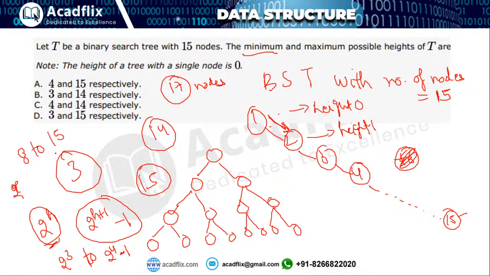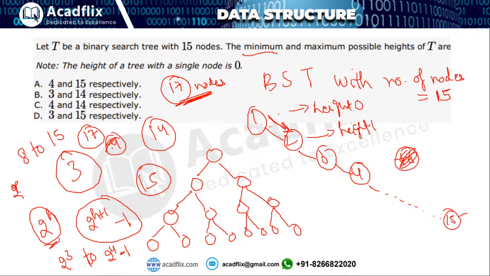तो अगर मेरी 8 to 15 नोड्स होती तो मेरी हाइट 3 होती, बट यहाँ पर तो मैंने एग्जाम्पल में लिया है कि 17 नोड्स हैं. सो इन केस आई एम हैविंग 17 नोड्स, देन of course my height would be 4. Why?